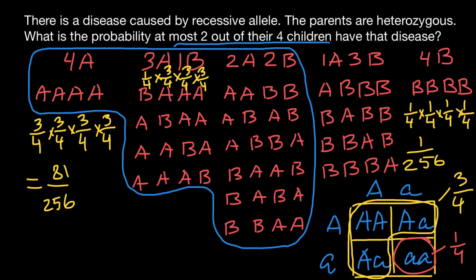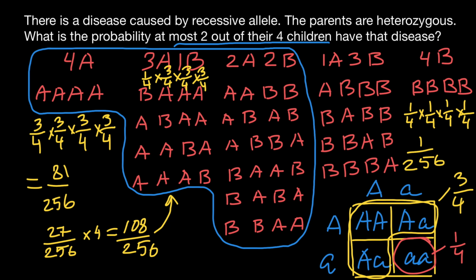So 27 over 256. But take a look. We have 1, 2, 3, 4 such combinations. So we have to multiply by 4. So we are going to have 108 over 256. So this is the probability to have one child who is going to be affected and 3 who are going to be unaffected.